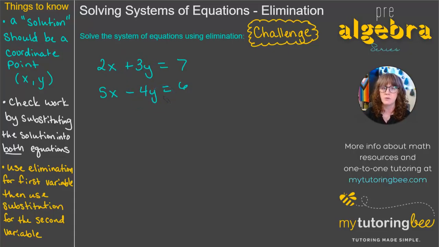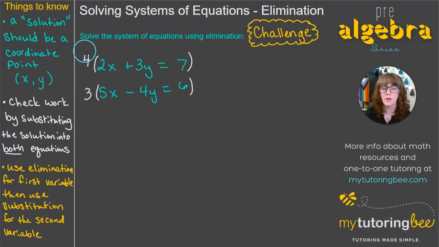So what we're going to have to do in this situation is multiply something through both equations. Now again, it does not matter if we eliminate the x's or the y's first. We just want to look at what we've got and see what's going to be easiest. And in my opinion, because our y terms are already opposite signs, we've got a positive y term in the first equation and a negative y term in the second equation, what I'm going to do is multiply this top equation by 4 and this bottom equation by 3.